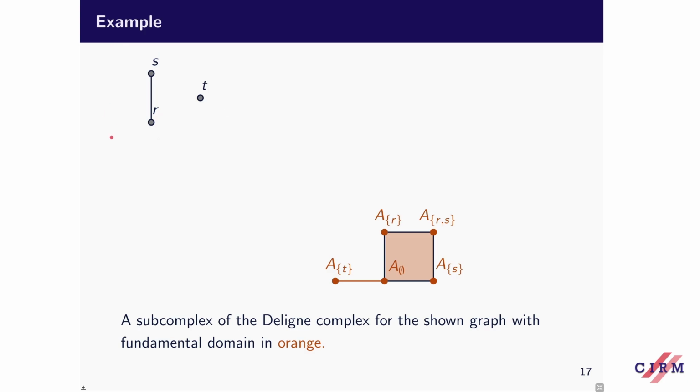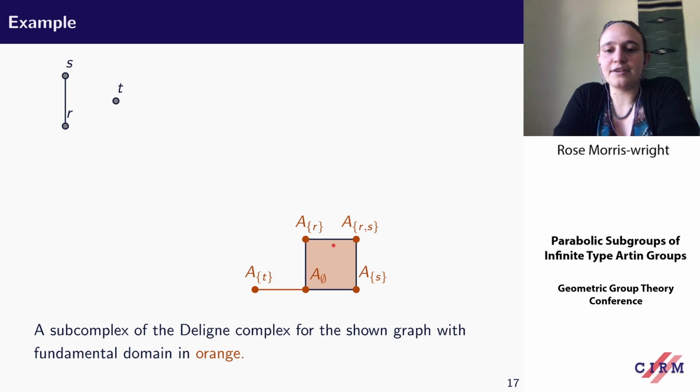So this is my defining graph gamma here. And this is the fundamental domain. So these are all of the subgroups here before I've taken any cosets or anything. These are just the identity versions of the coset. The empty set gives the trivial group. We include the trivial group here, and the edges and the cubes are defined just by inclusion. So the trivial group is included in all of them.